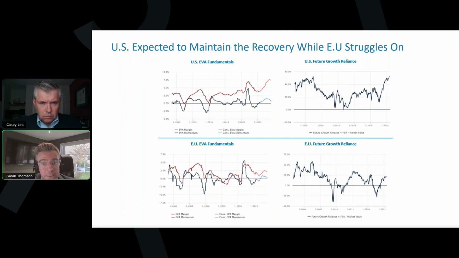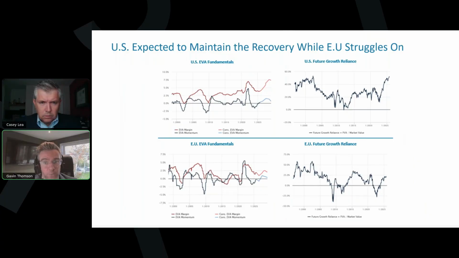So certainly it's difficult to be negative on a market where we've traveled a long way, but that improvement does look to be continuing from a fundamental perspective. And interesting, just looking at where EVA margin has bottomed, actually it's bottomed at the upper end of the long-term range.